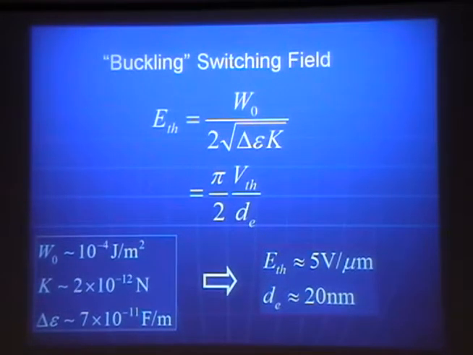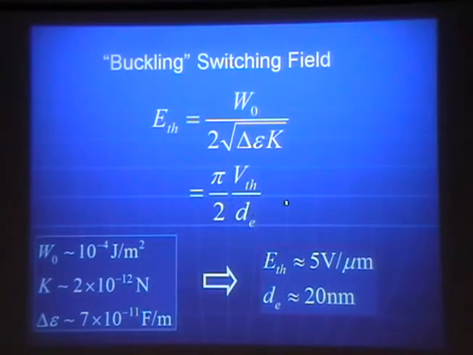The answer is the threshold electric field. In the case of Fréedericksz transition, we talk about threshold voltage because the voltage is invariant with respect to the thickness of the cell. But in this case, electric field is what is needed to induce buckling transition.